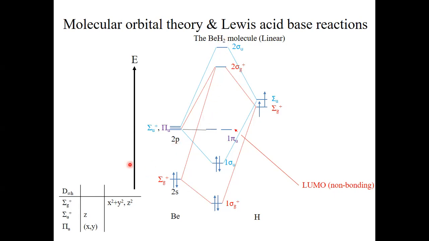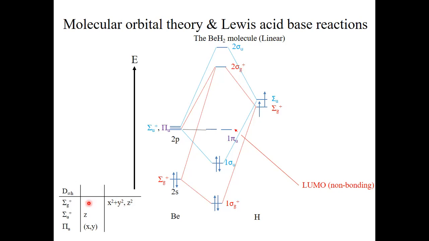The BeH2 molecule belongs to the point group D∞h. The character table for D∞h is a bit unusual because you have the infinite principal axis, an infinite number of C2 axes in addition, and also an infinite number of mirror planes. So the character table is more difficult to understand, and I do not want to go into the details here.